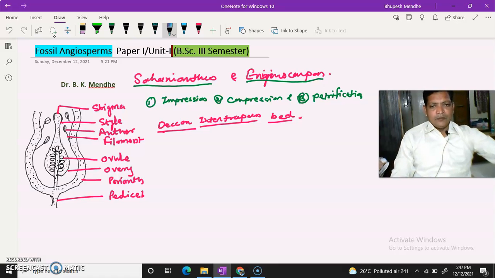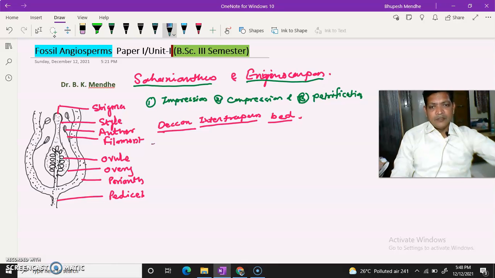In the late 19th century, many scientists, paleobotanists, started to work to explore the fossil flora, and there are thousands of recorded fossil plants. These fossils are not present in the complete plant form.